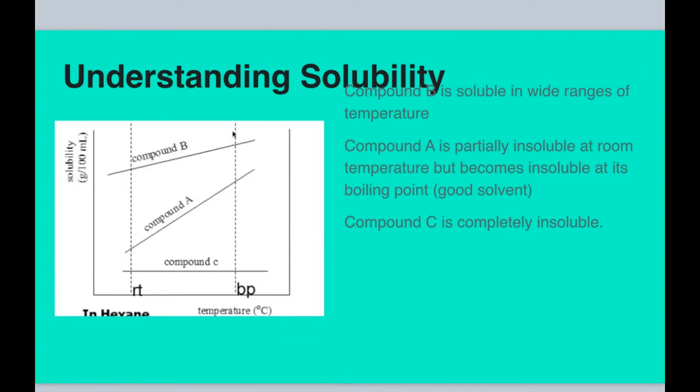So if you look at compound C, I'm going to skip compound A, you can see that compound C is completely insoluble at room temperature and boiling point. So that also would be an issue for what we want to use in this experiment. And then compound A is soluble at room temperature and then becomes insoluble at boiling point, which makes it a good solvent.